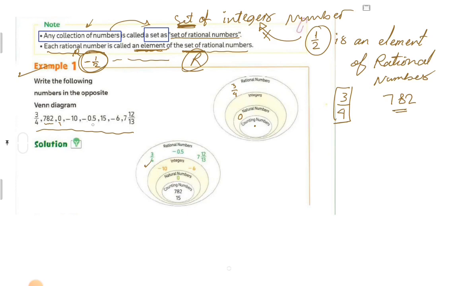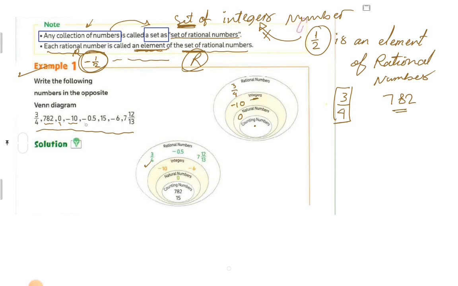Okay. Negative 10. I have a negative, so it starts with me in the integer group. So negative 10 can be written in the space of the integer group.